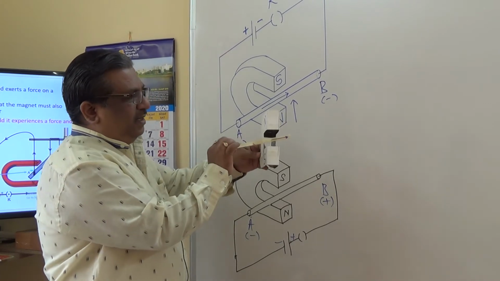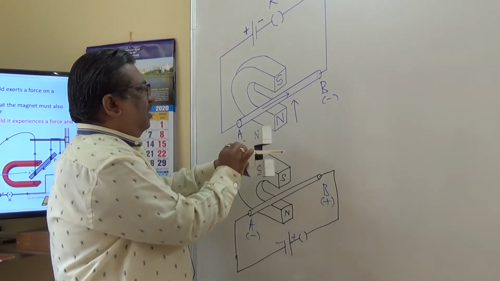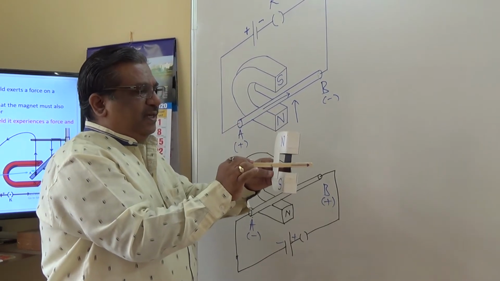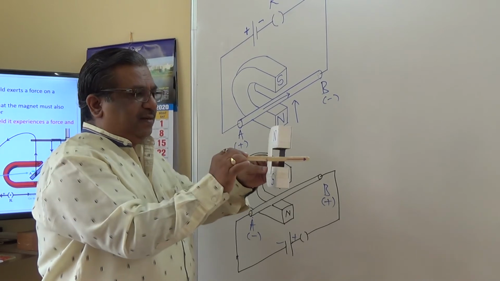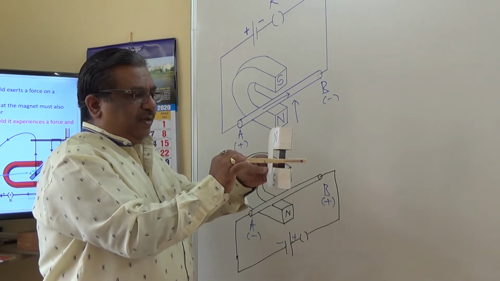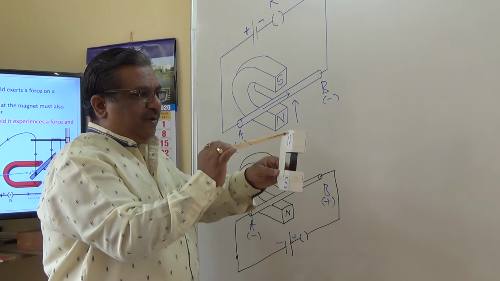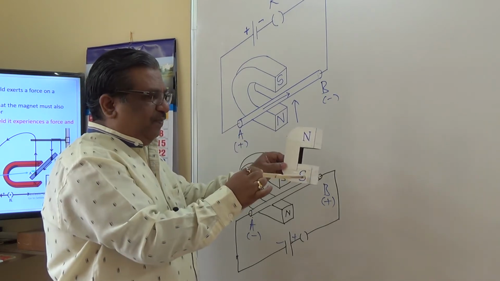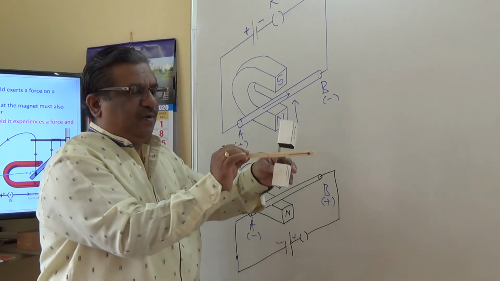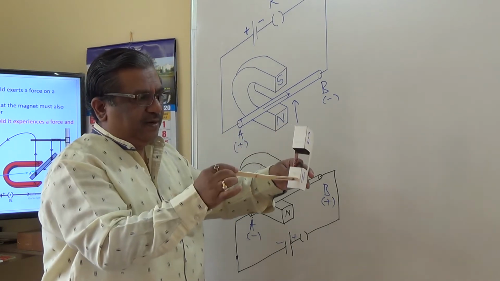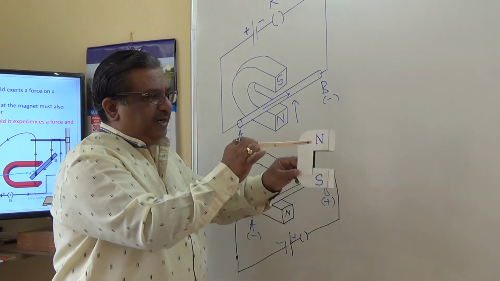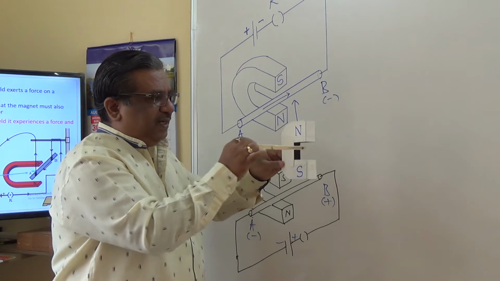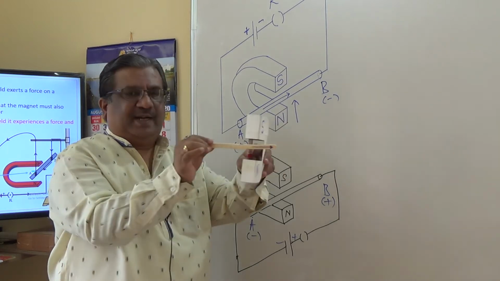Now the current is as shown in this direction, and the magnetic field is from bottom to top. In this case, this will experience a maximum force because the field is from north to south. If this is north to south, the field goes from here to here, and the current is in this direction, perpendicular to the magnetic field.